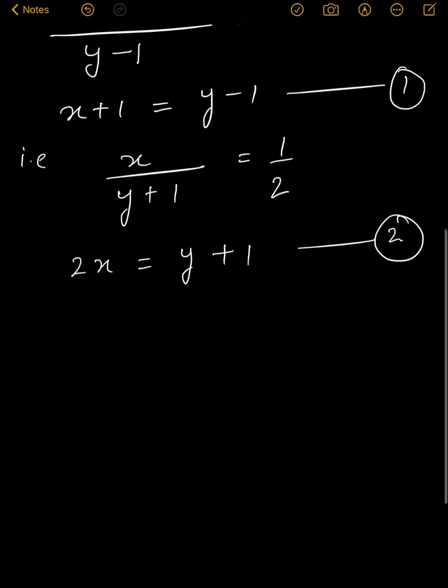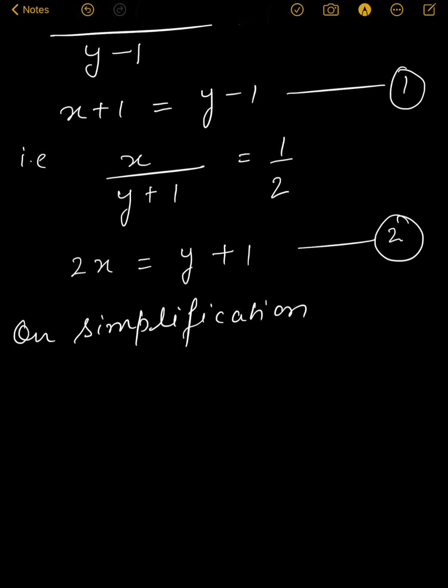Now let's simplify them. Let's bring the variable on one side and the constant on the other side. On simplification of 1 and 2, what do we get? x minus y is equal to minus 1 minus 1.